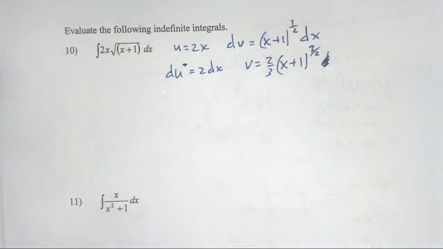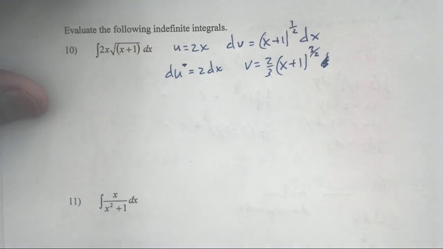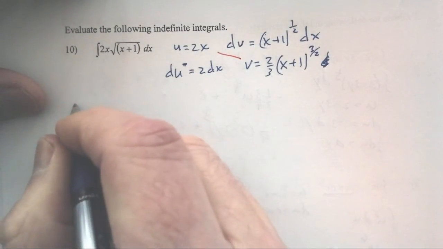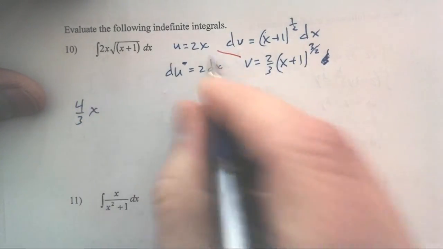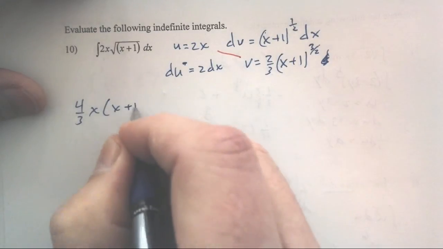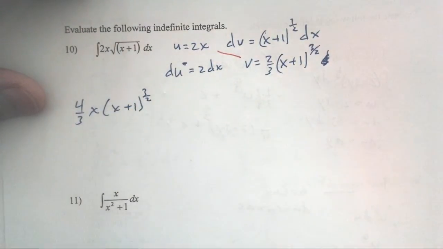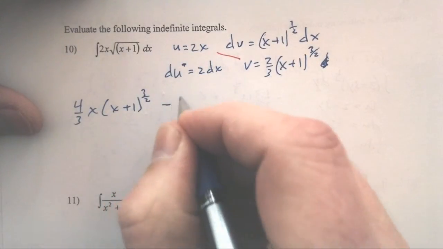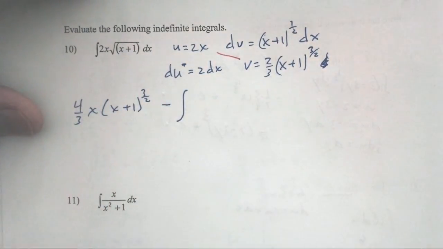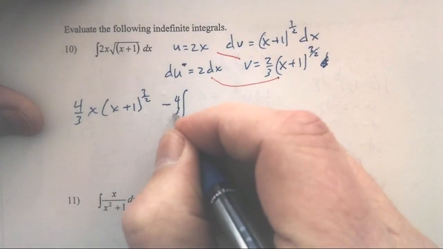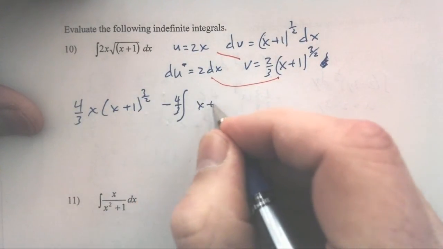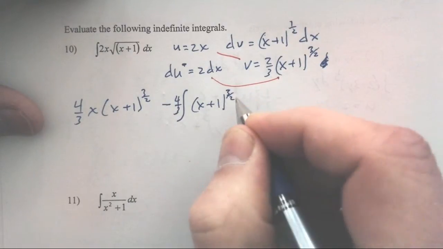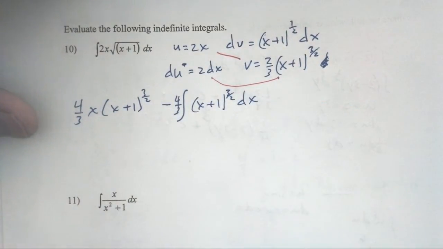And let's see where we go from there. So our first step in integration by parts, I multiply these, and I get 4/3 x times x plus 1 to the 3/2. And then I've got minus the integral of the product of these, which is 4/3 x plus 1 to the 3/2 dx.